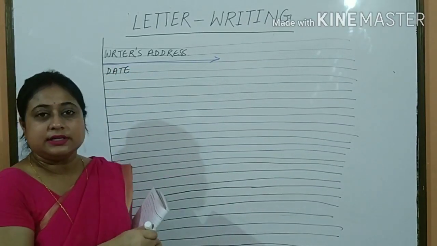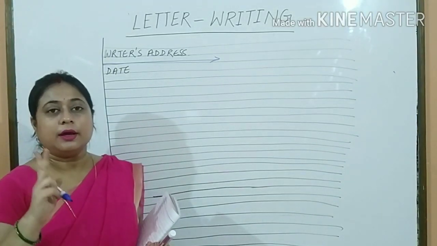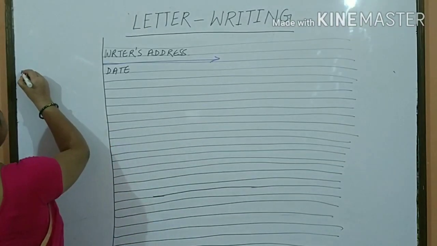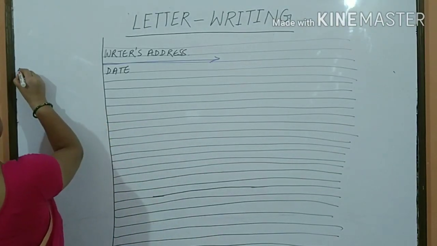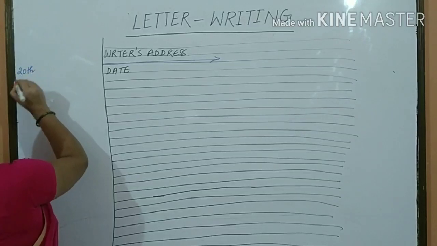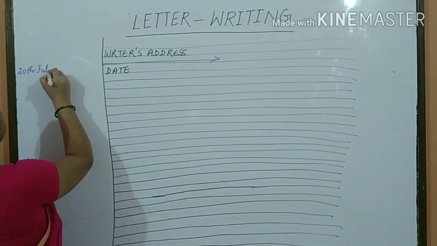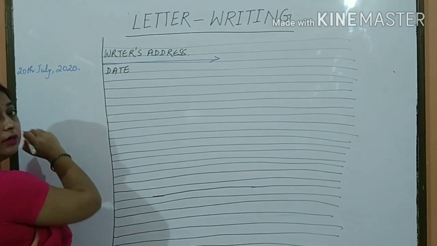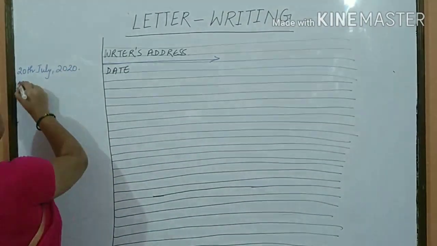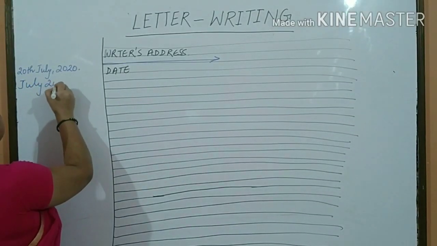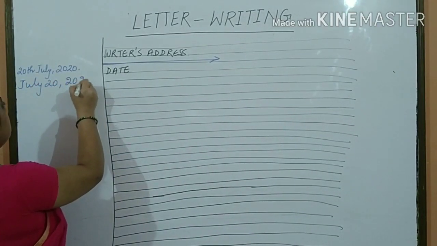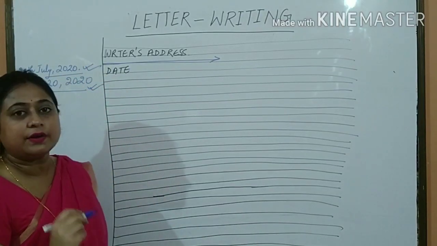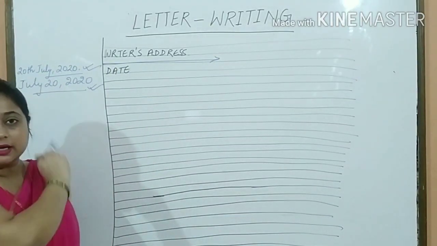Now the date is written in two formats only. Suppose you write 20th July, 2020, or you can write July 20, 2020. So only these two ways of writing the date will be correct.